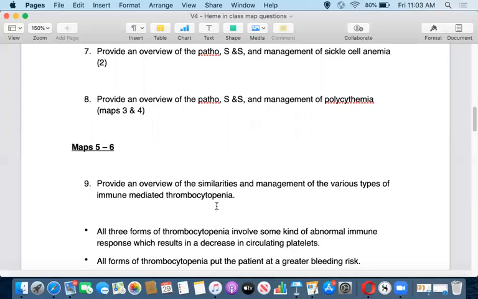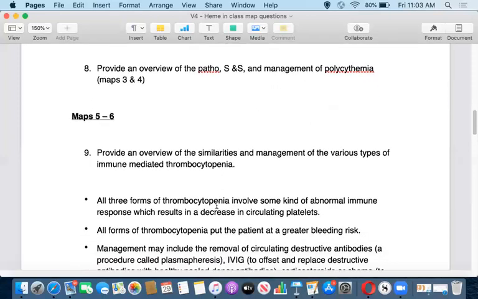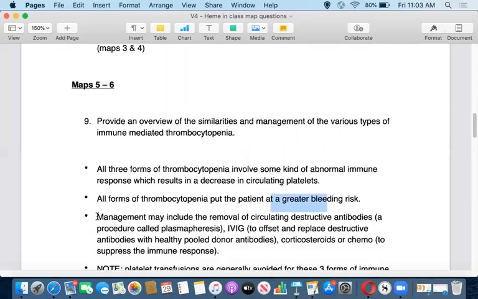So we just went through bullet point number 1. Bullet point number 2 is intuitive. If you lower platelets, then of course you put the patient at risk of bleeding. Bullet point number 3. Maybe you have to get rid of antibodies that are causing the immune response.